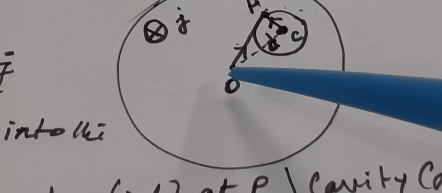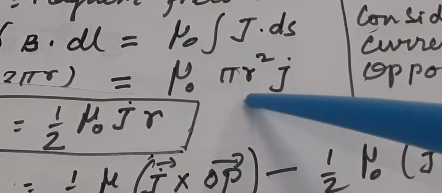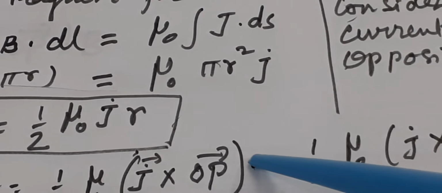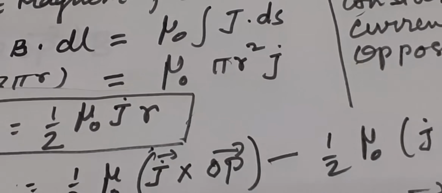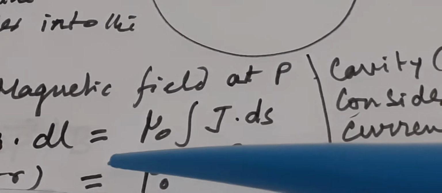OP will be the distance here, because we are interested in the P position. So J cross OP will give the direction of the magnetic field as well as the magnitude.